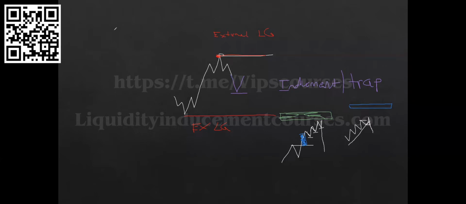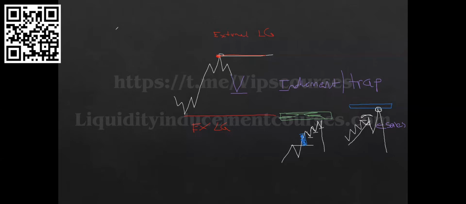There are sellers coming into the market in here. And then what happens is price pushes up, comes into our POI, and that's where we short. That is what an inducement is, okay? It is inducing traders to do something that is wrong, which is a trap, right?